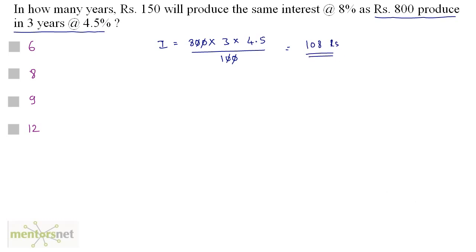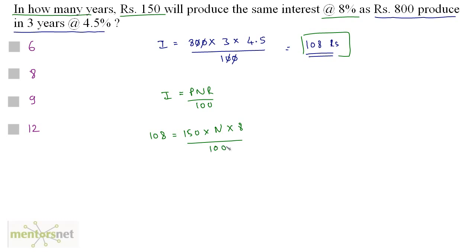Now we have the interest, and we have been asked in how many years rupees 150 will produce this same interest at 8%. So again, I is equal to PNR upon 100. Interest is the same, that's 108, is equal to, principal is now 150 times N is what we have to find, times the rate is 8%, 8 upon 100.